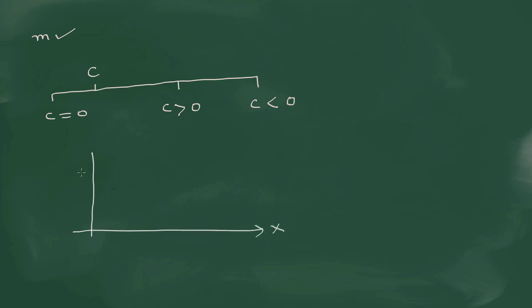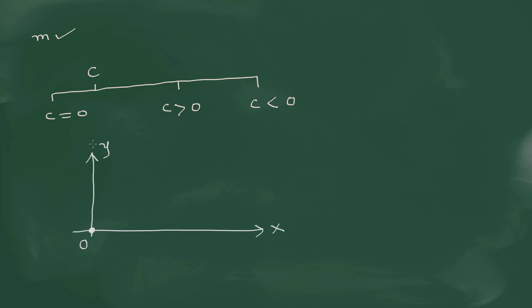So C can again take all three possibilities, namely C can be 0, C can be greater than 0, C can be less than 0. All three possibilities are there, and now the drawing is quite simple because you already know the location of C in the plot. If you draw the horizontal one as the x-axis, the vertical one as the y-axis, and that is the origin O, then if C is 0, the origin itself is C equal to 0.